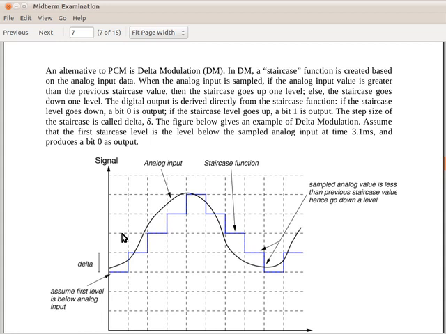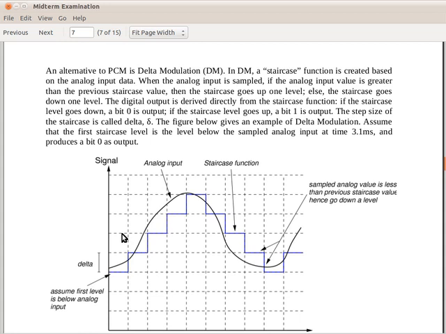Delta modulation. We sample such that we produce what's called a staircase output. At each sample point, it's either going up or going down. It gives a description of how we calculate the next value. Basically, if at the next sampling point the signal level is above the current level, we'll go up.